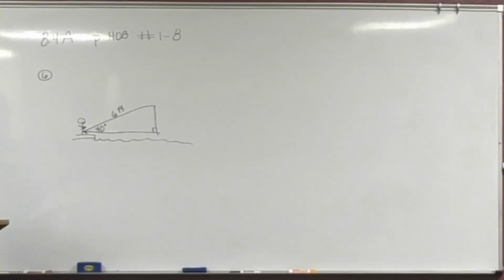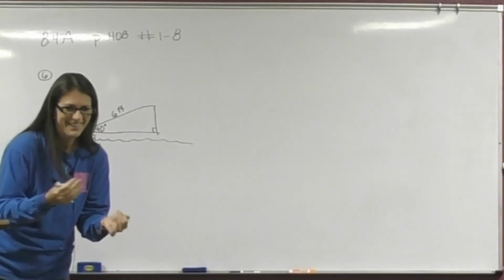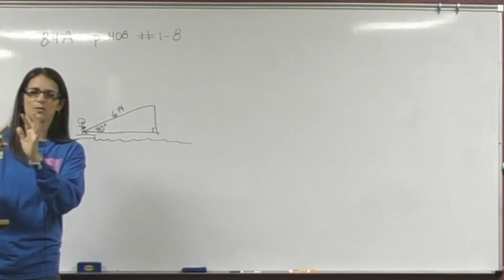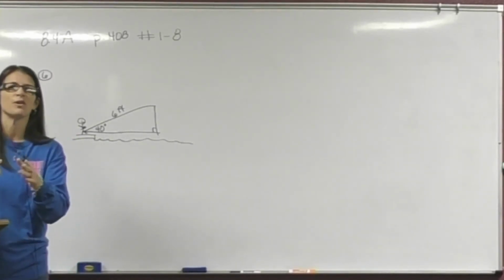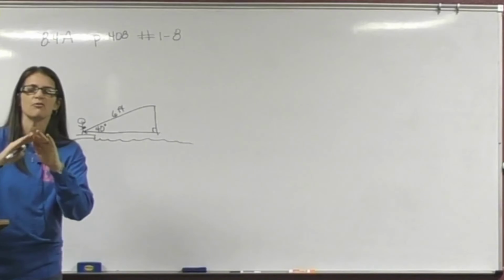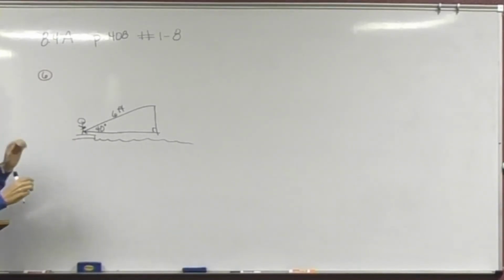We never go by the picture. I know if this is 6 feet, he must be like 2 feet, okay? But we don't go by that. You have to go by geometry rules. You just go by the facts. You go by the numbers. Don't go by my drawing because my drawing is off. Look, my line's not even straight. So you just go by the facts that we know.